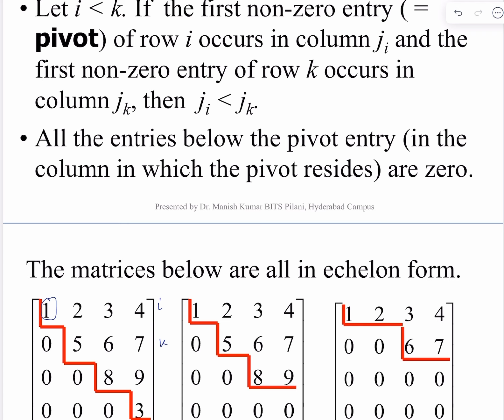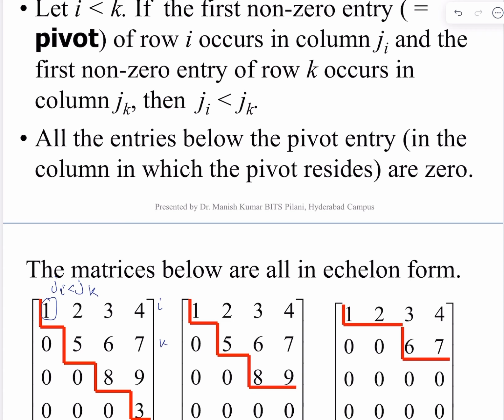So the first non-zero entry, the pivot, occurs in the j-th column. Suppose this is j_i and j_k, right? If you see, j_i is less than j_k: second column, first row, first column, right?